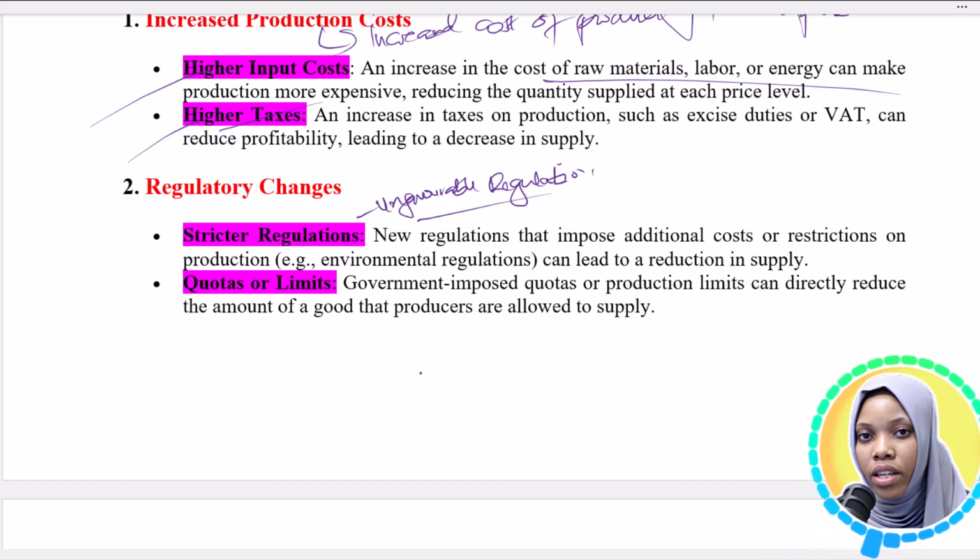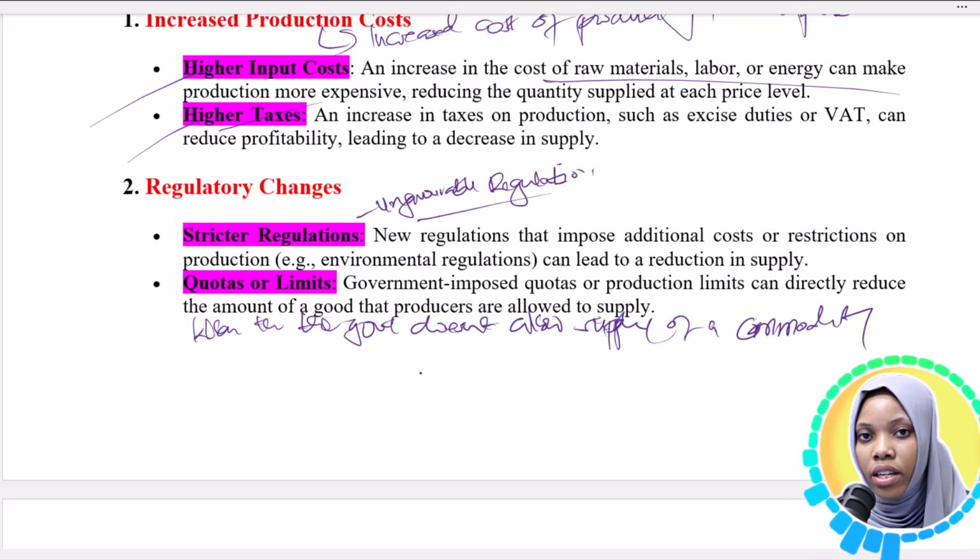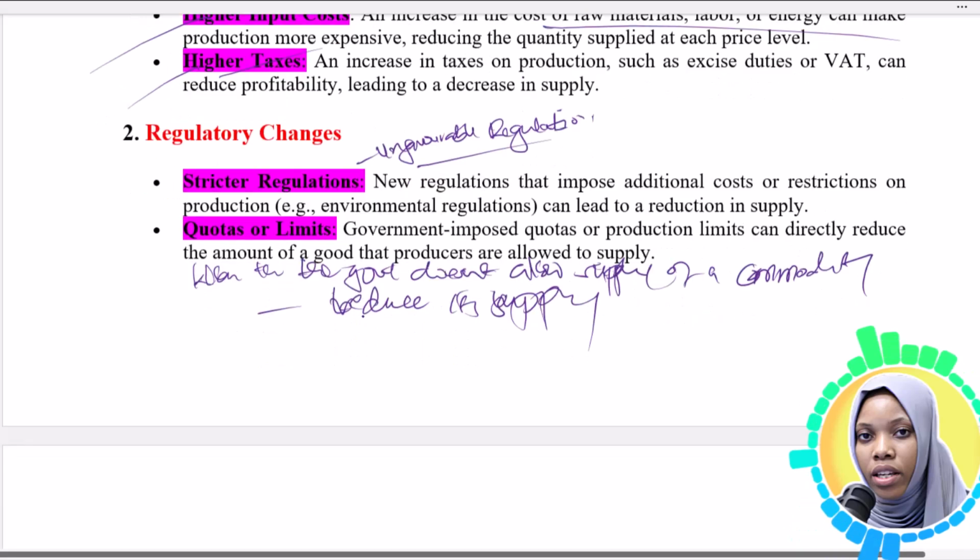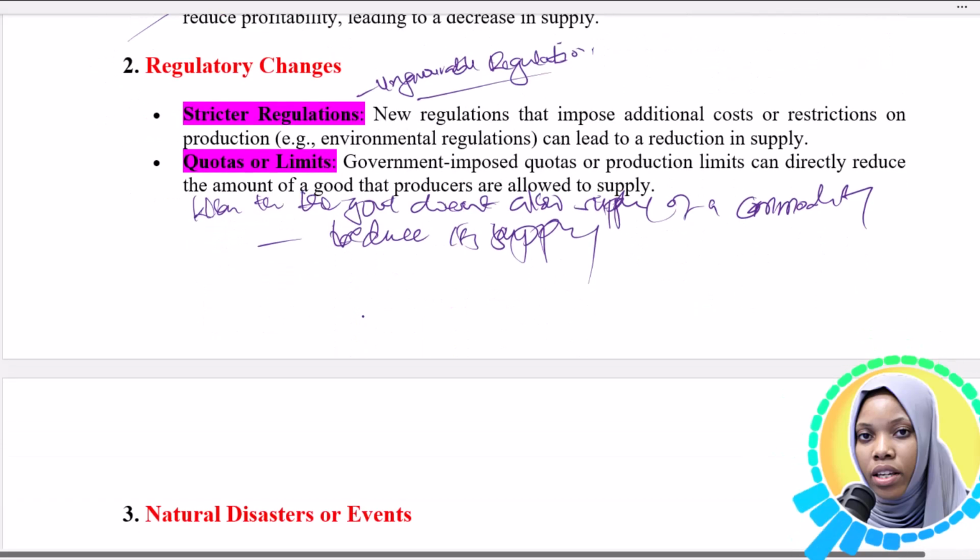When the government doesn't allow the production of a commodity, then it is automatically going to reduce its supply. That is what we say under regulatory changes.